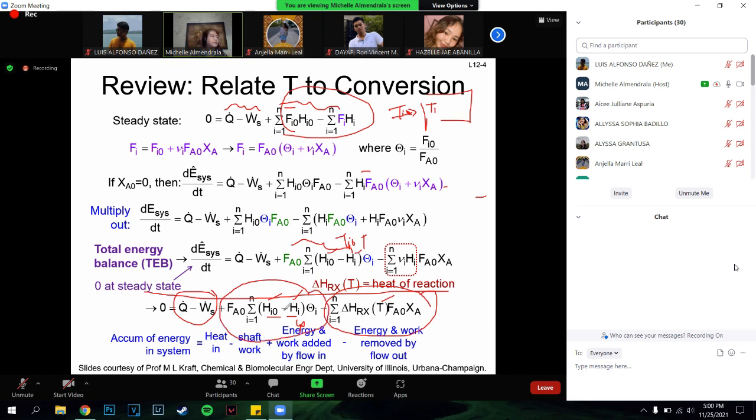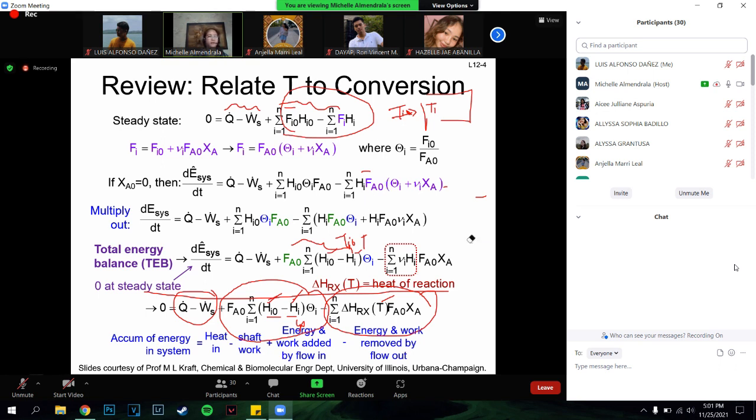This involves the reactant entering, since there's no product entering. So the two possible heats that will be involved here are the change of temperature of the reactants from T sub i0 to T of the reactor, and the heat involved for phase change. So if there is phase change, usually the form of the energy balance will be in the form of enthalpy here.